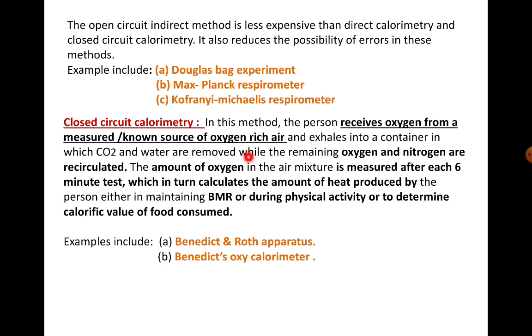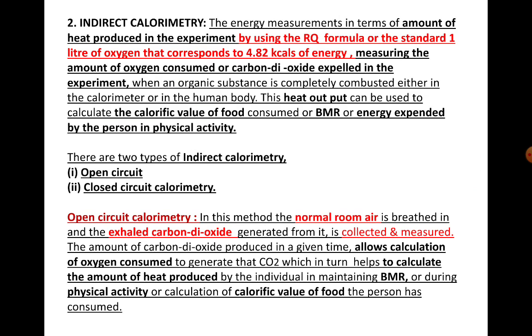So the amount of oxygen in the mixture is measured. Here the person is generally allowed to breathe for 6 minutes, and then the amount of heat is calculated by the same formula we have just seen: 1 liter of oxygen corresponds to 4.82 kilocalories of energy.